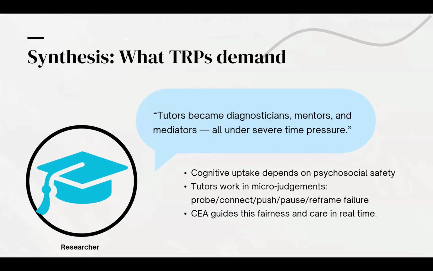So what do TRPs demand? Because that's exactly what we want to find out. Tutors became diagnosticians, mentors, and mediators, all under severe time pressure. To repeat, cognitive uptake depends on psychosocial safety.